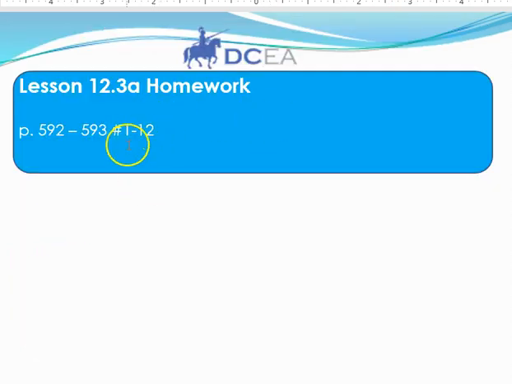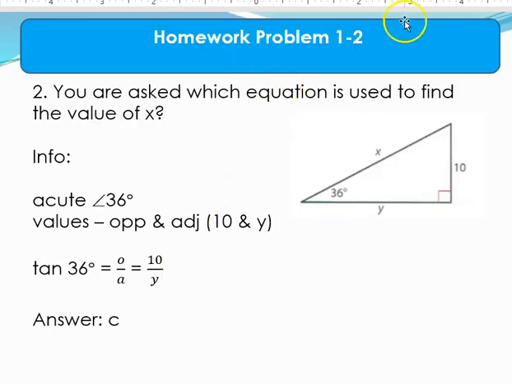So your homework is numbers 1 through 12, and I'm going to give you some helps. Homework problems 1 and 2. In number 2, you're asked which equation is used to find the value of x. So we're looking for the hypotenuse here, and all they're asking you is to check out what information you have and find what trig ratio is correct.